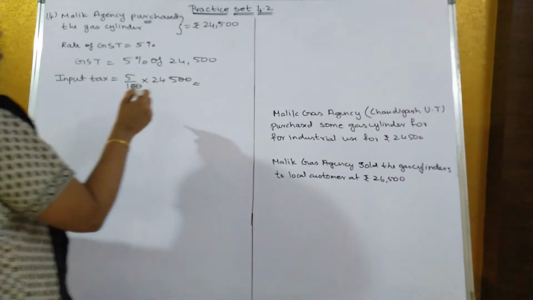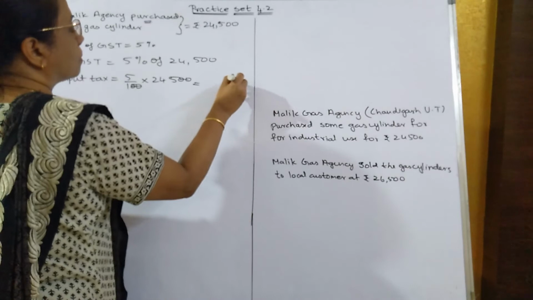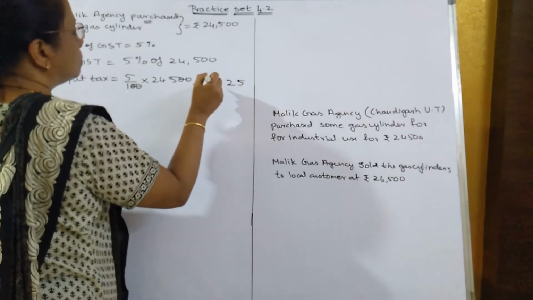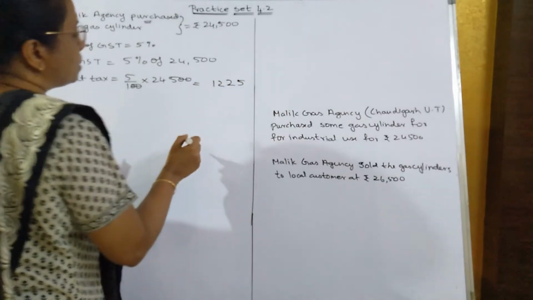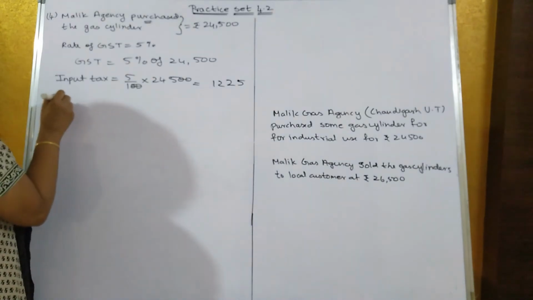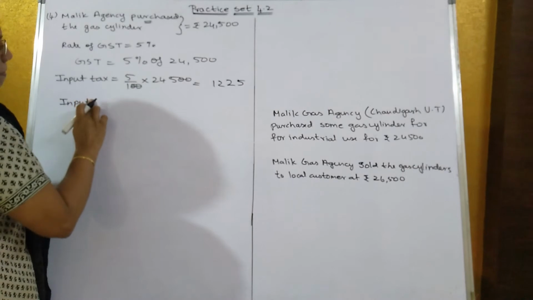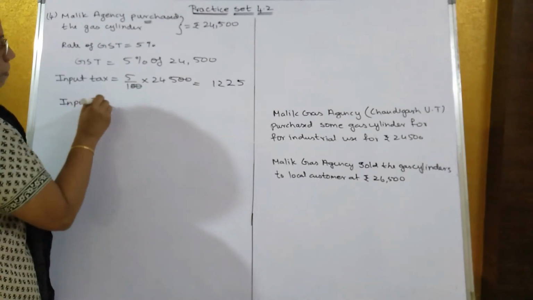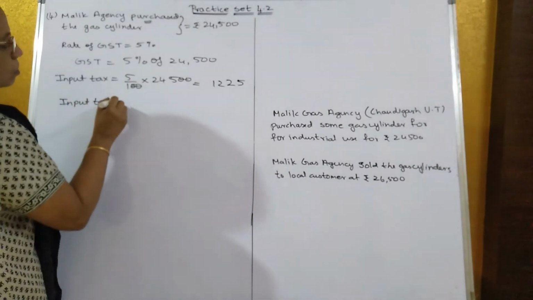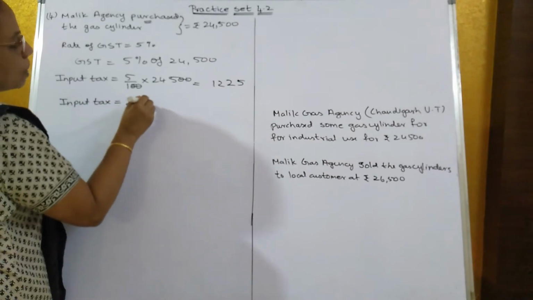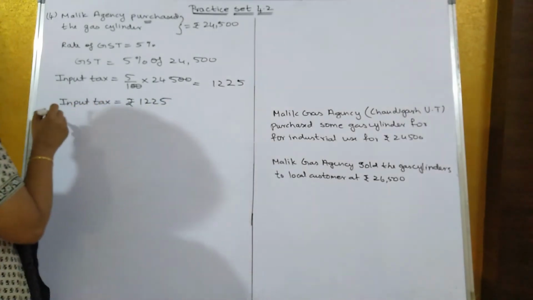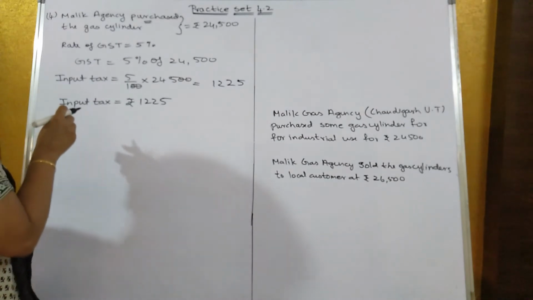So that is equal to how much? 1,225. So input tax is equal to rupees 1,225.